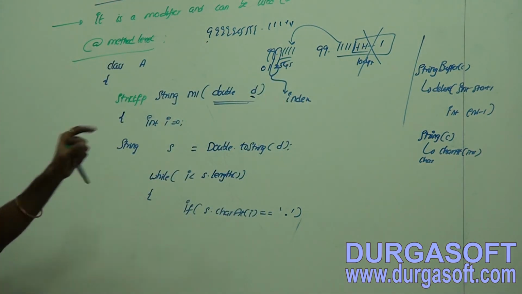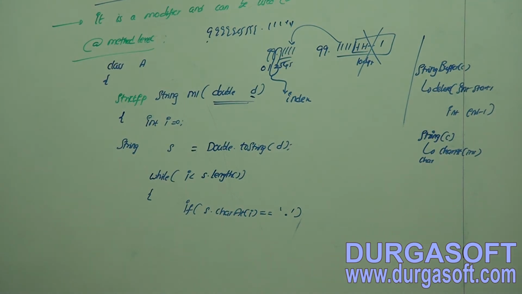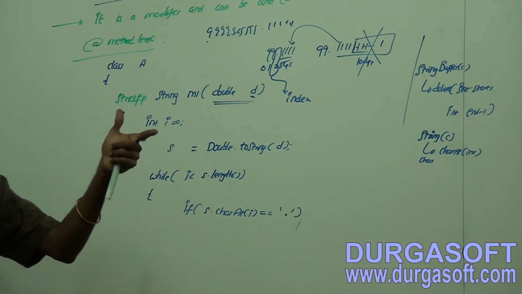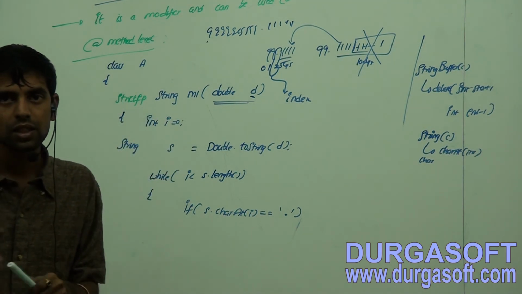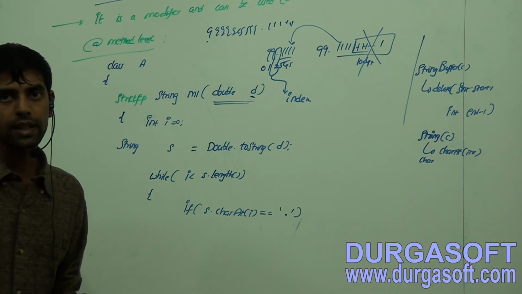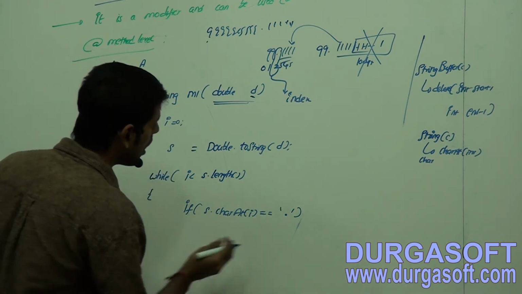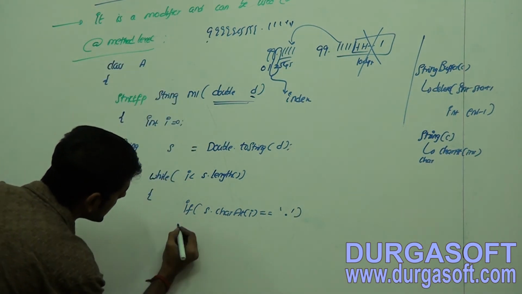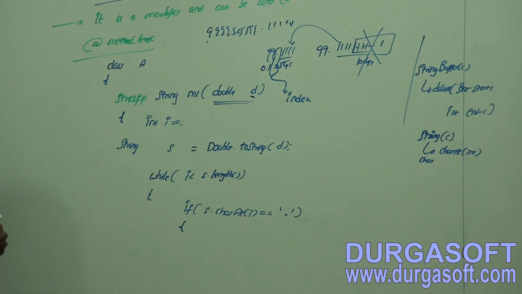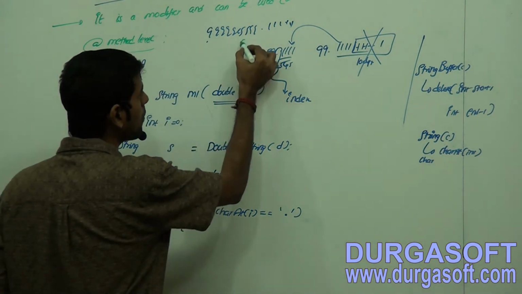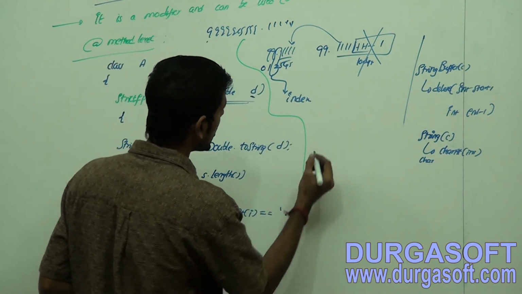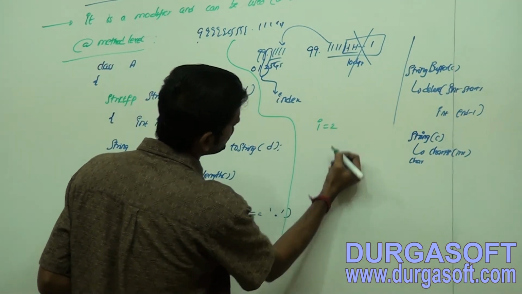After the dot, we have to consider how many fraction digits? Just 4, right? What is the value of i if this condition is satisfied? The value of i will always be 2.